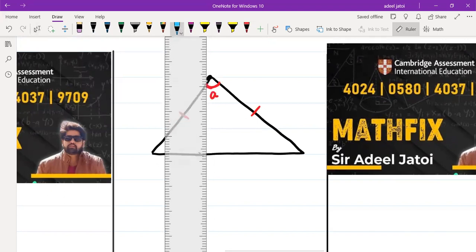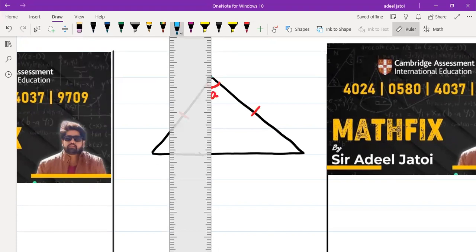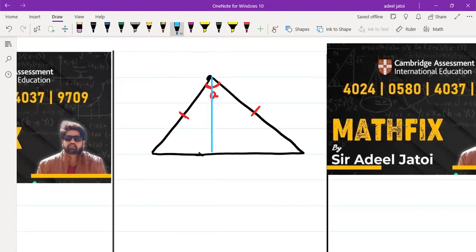So considering this, we can draw a line from the point to the other line, creating a 90-degree angle. That means two equal right angle triangles can be created in this.